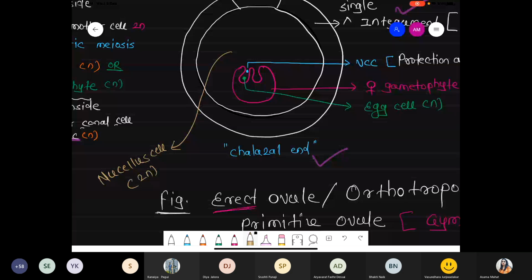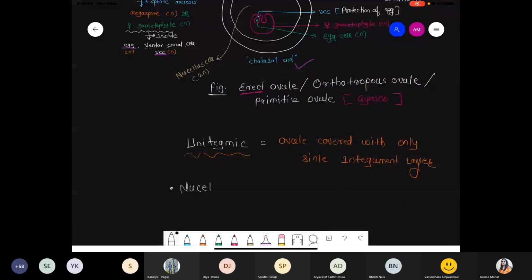So what is the meaning of the nucellus? Nucellus cells are diploid cells which are present inside the ovule.